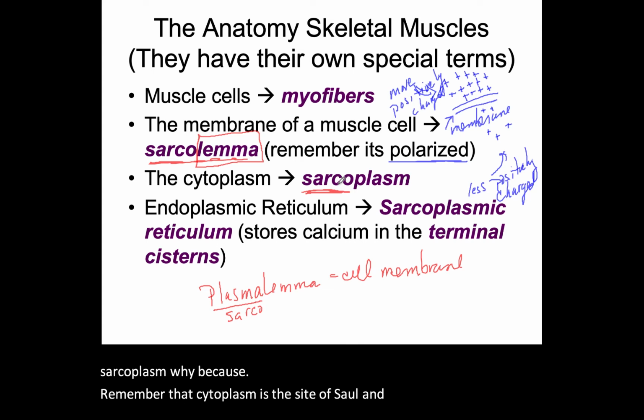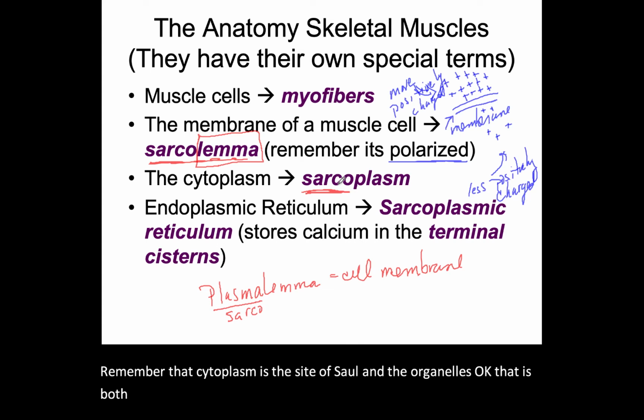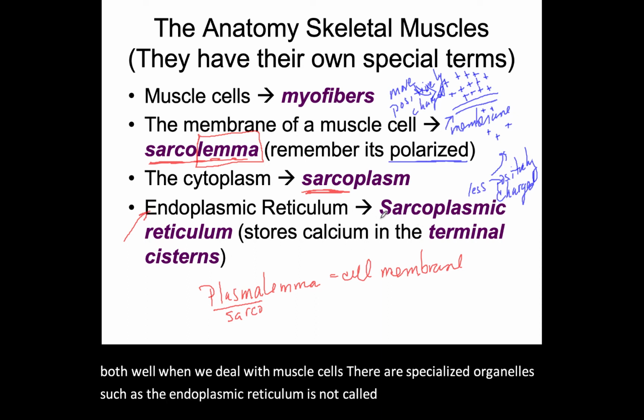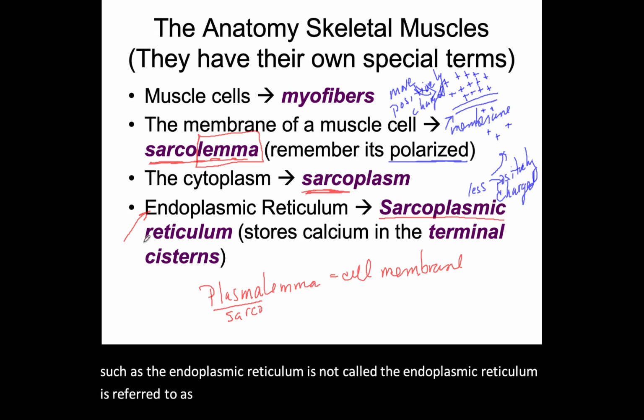Well, when we deal with muscle cells, there are specialized organelles, such as the endoplasmic reticulum. It is not called the endoplasmic reticulum. It is referred to as the sarcoplasmic reticulum. And its function is very different.